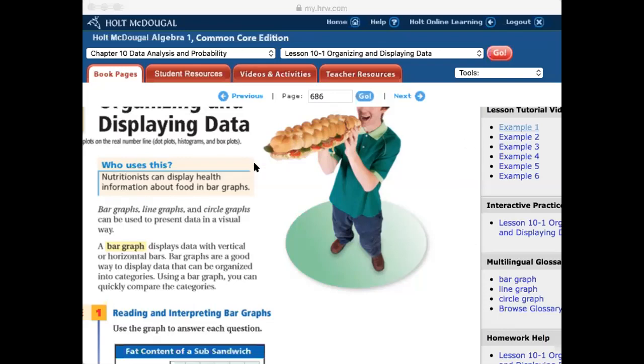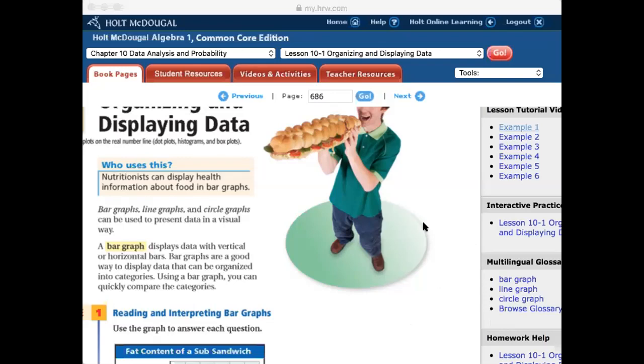A double bar graph has a key to distinguish between the two sets of data. Like here, down, there is a key. The red is football and the orange is basketball, or according to the colors that you have, orange and yellow, or the dark and the light. So the dark is football and the light is basketball.